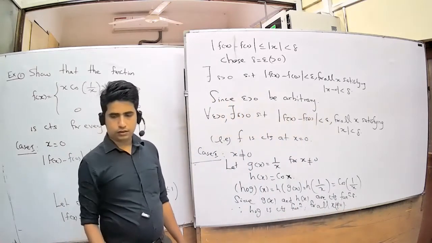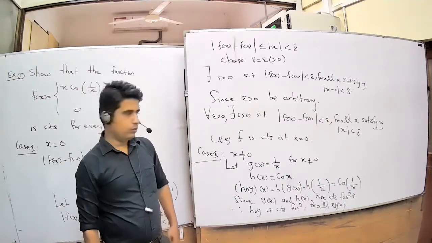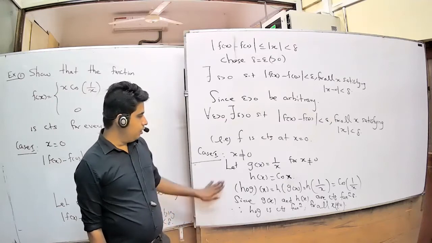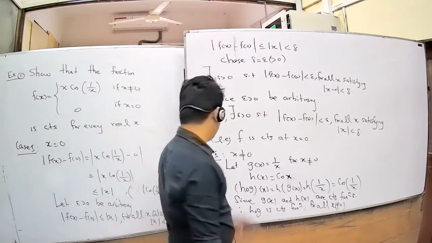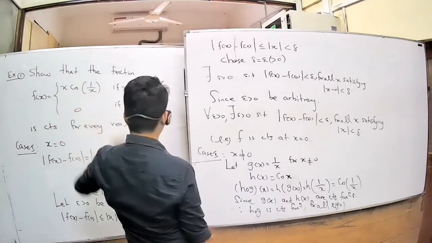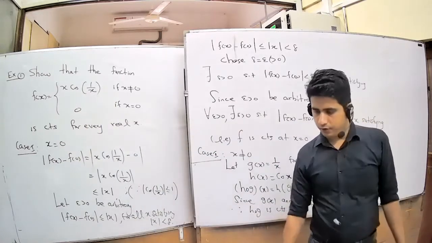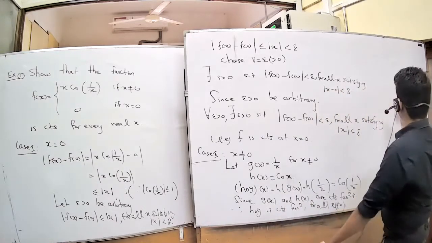For any value of x satisfying x not equal to 0, h composition g is a continuous function. Now, your claim is that the whole function is continuous for the x not equal to 0 case. You know that if f and g are continuous functions, the product function is also continuous. We use that fact here.